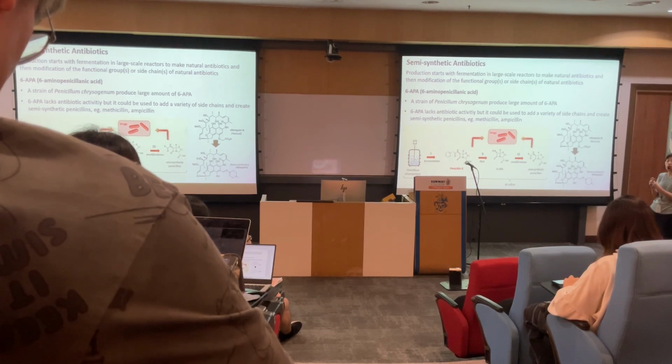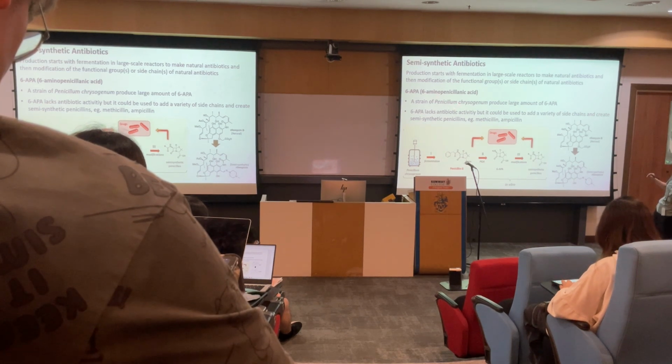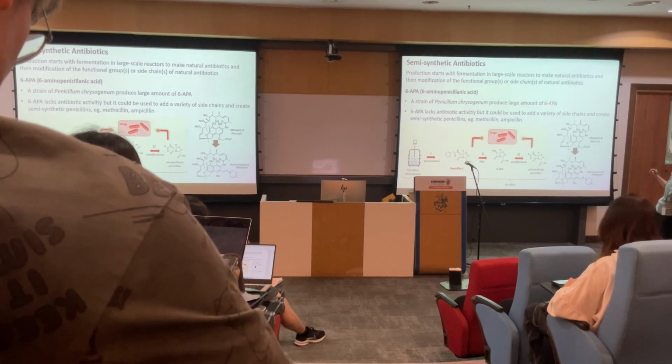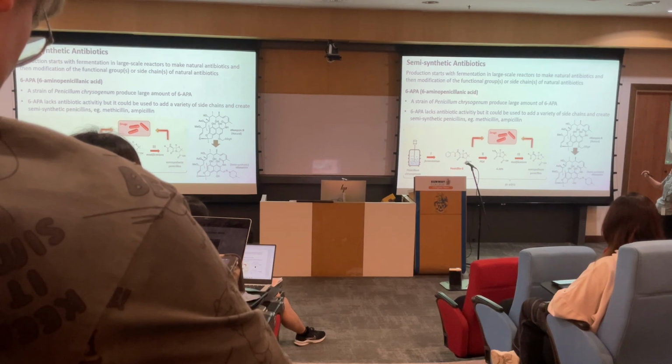So they start to modify the naturally produced antibiotic. What happens is there's one strain called Penicillium chrysogenum that can produce this compound called 6-APA. 6-APA is 6-aminopenicillanic acid.